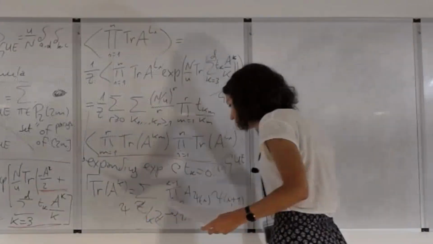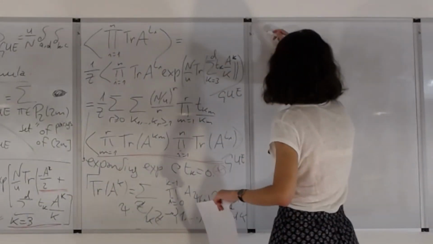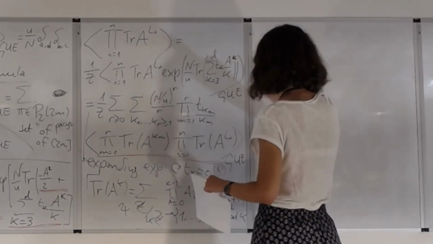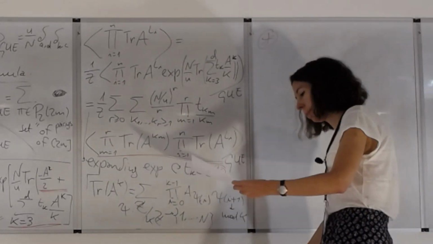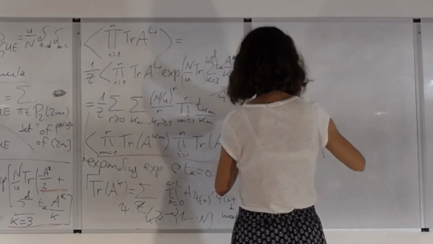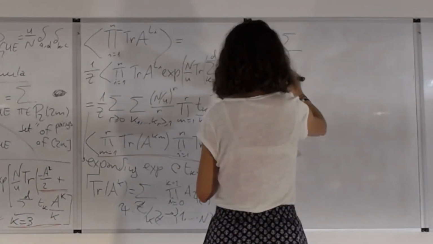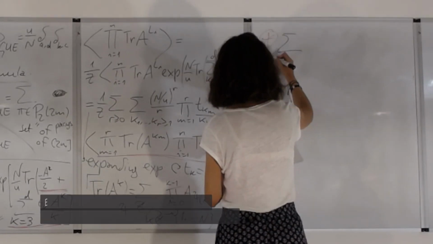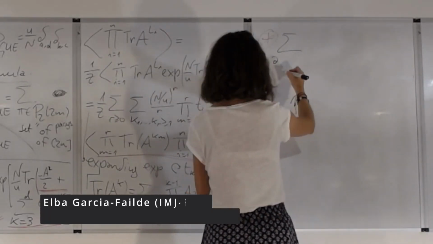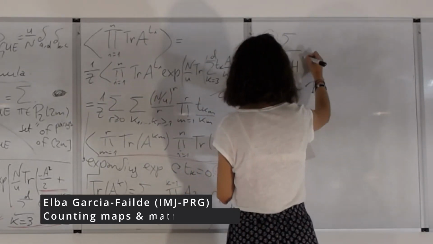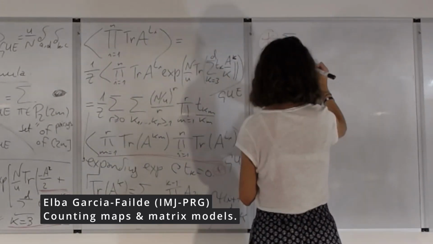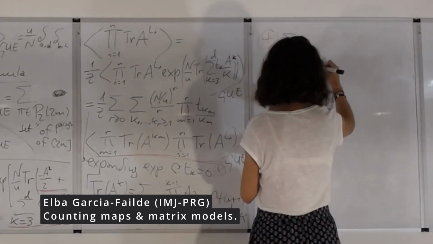But okay. So now, there will be some mysterious things appearing that will already tell us that this will probably be related to maps. But let me first write them and then justify them.